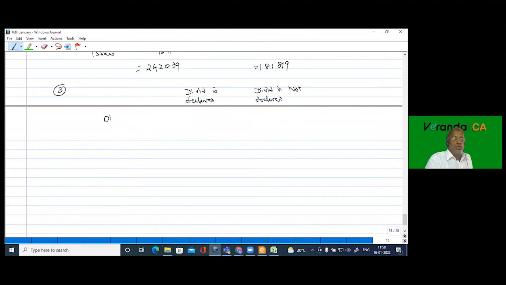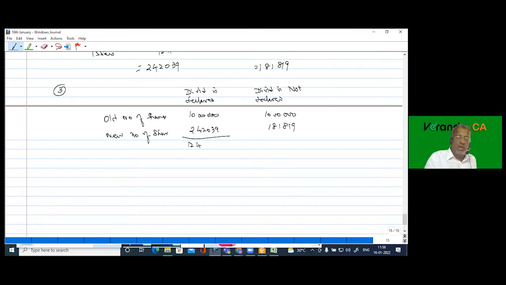So, old number of shares 10 lakhs. New number of shares 2 lakh, I will put the full number: 2,42,039 and 1,81,819. That makes 12 lakhs 42,039 and 11 lakhs 81,819.